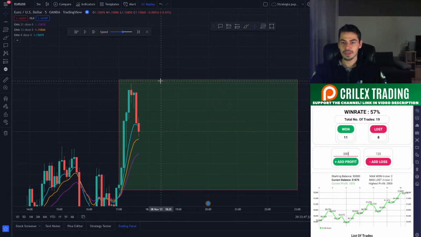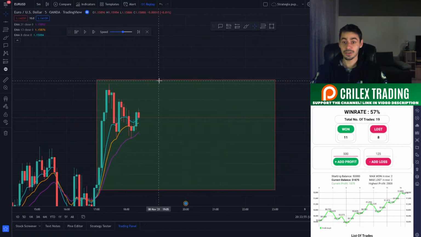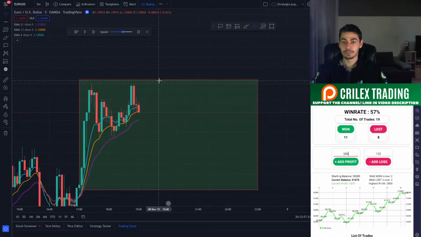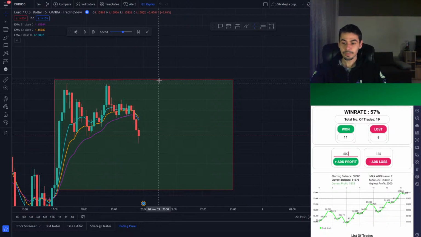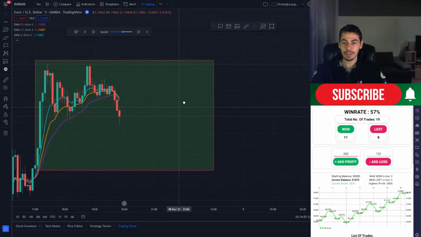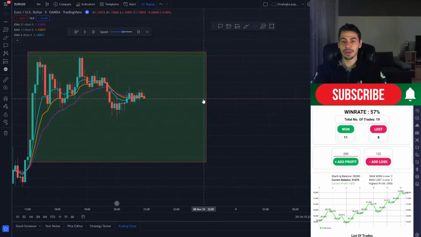If the price comes around this area right here, we will be placing a buy. We would have had a buy order placed in real market conditions. But now the position has been invalidated because this candle closed below the 21 EMA. So no trigger right there.